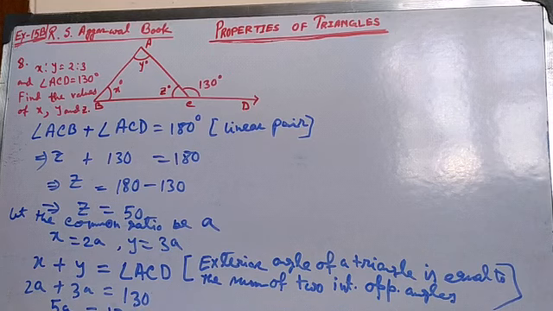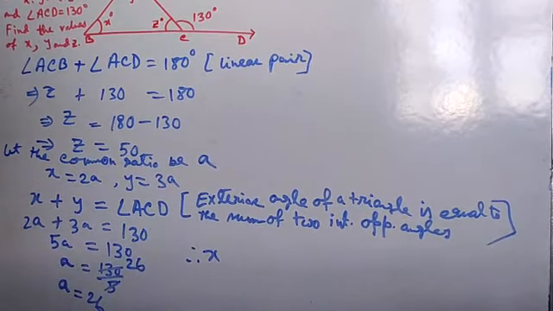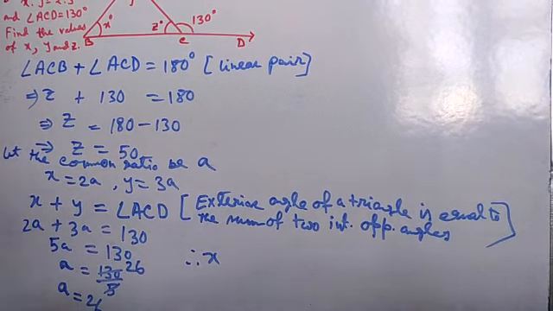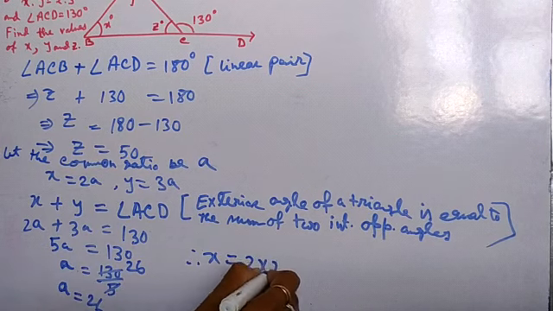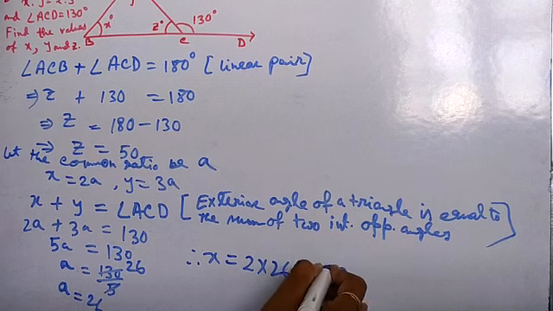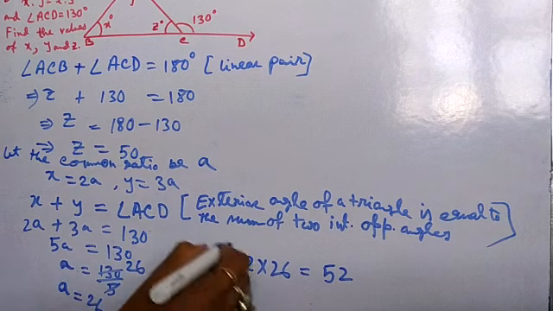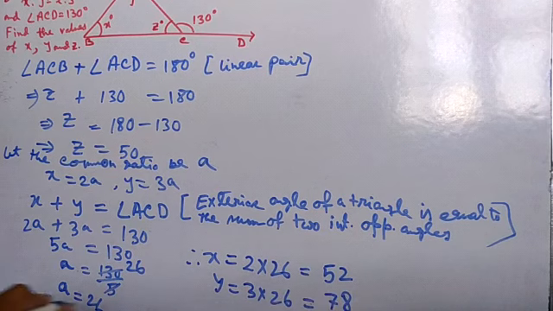Therefore x equal to 2 into 26, that means 52. y equal to 3a, that means 3 into 26, that means 78.